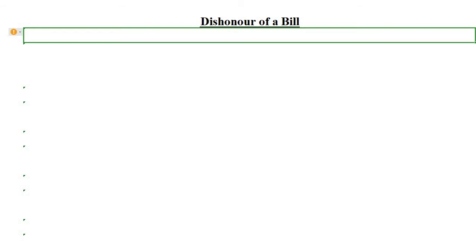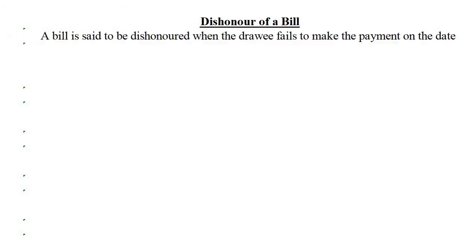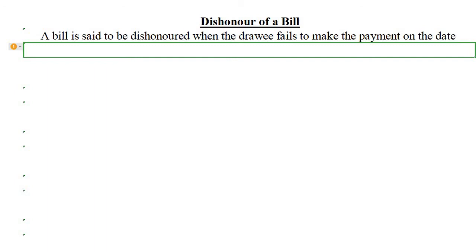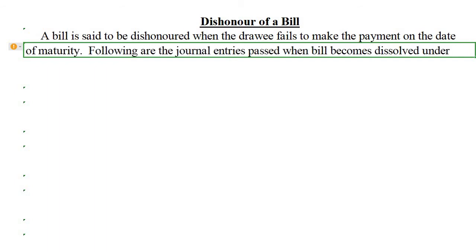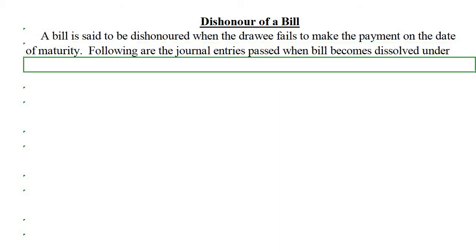A bill is said to be dishonoured when the drawee fails to make the payment on the date mentioned on the bill, that is, the date of maturity. So on the date of maturity, when the drawer presents the bill, if the drawee refuses or fails to pay the money, that situation is called dishonour of a bill of exchange.